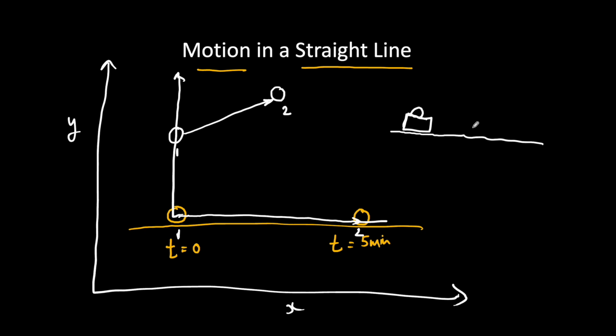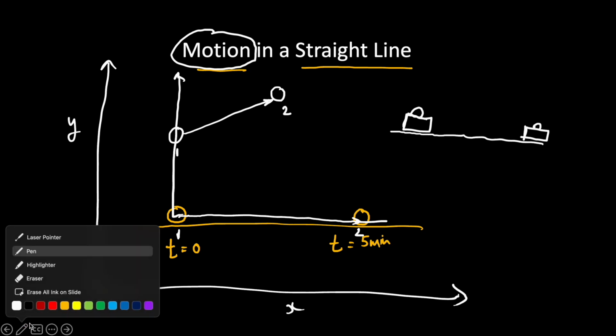In airports you can see escalators, right? In that escalator it was placed. After some time the same bag is at this position. So this change in position of an object with respect to time is called motion.